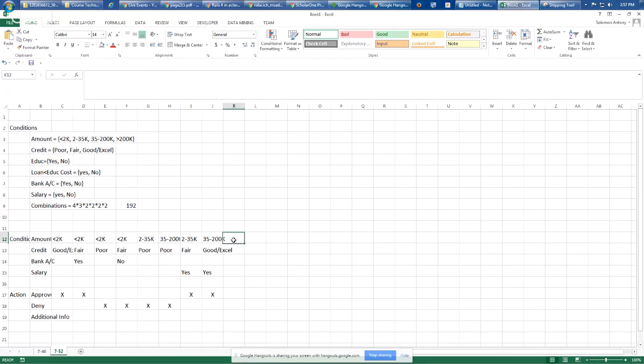So for the same amounts, 2 to 35K and 35 to 200K, if salary is not verified, then we want additional information.